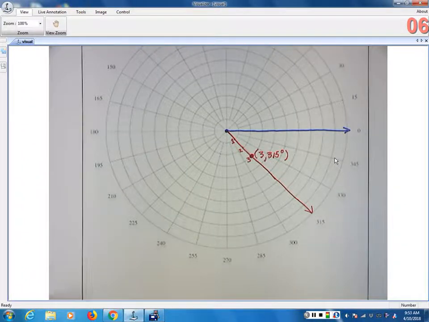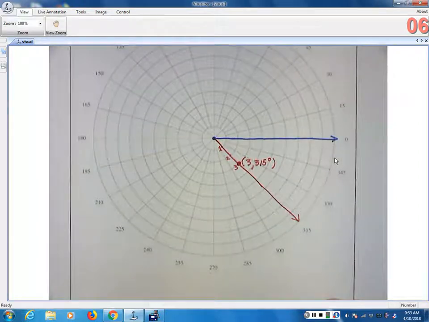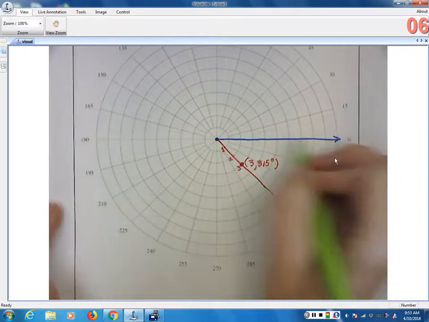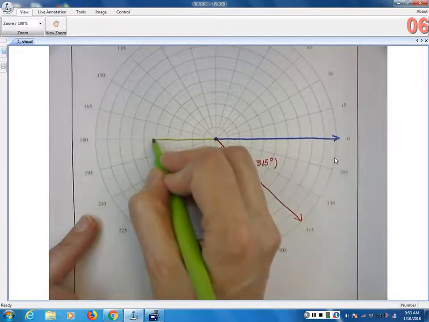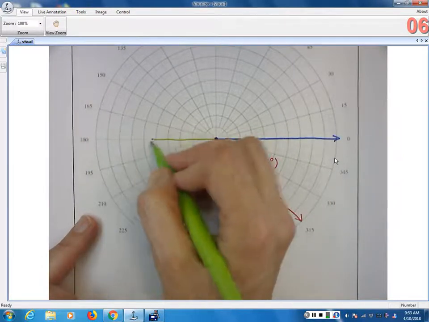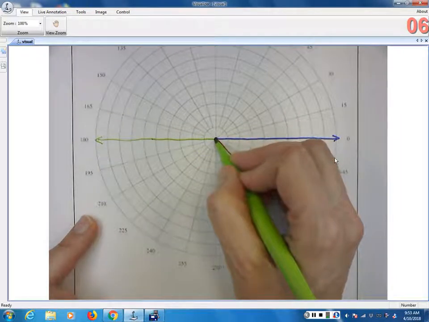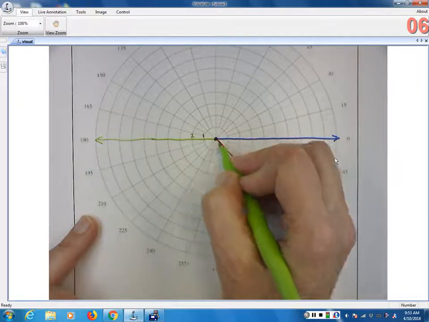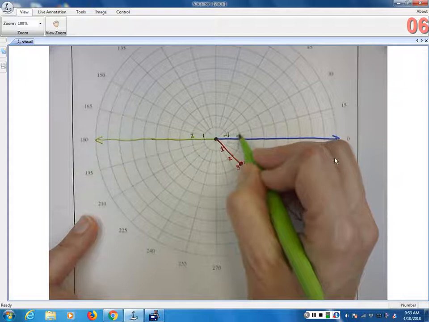Okay, the next one we want to plot is the point (-2, pi). I'm going to do pi first. Starting from here, pi is a straight angle. Going this direction would be +1, +2, but it said -2, so we have to go this way: -1, -2.